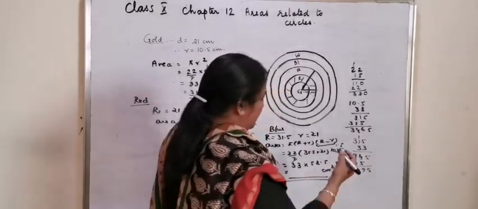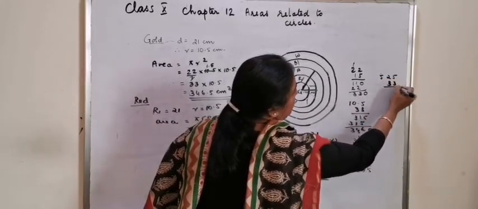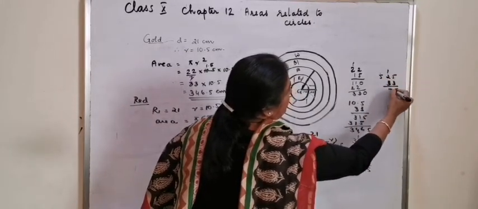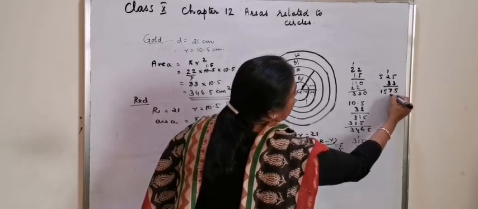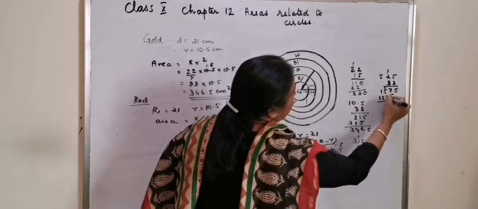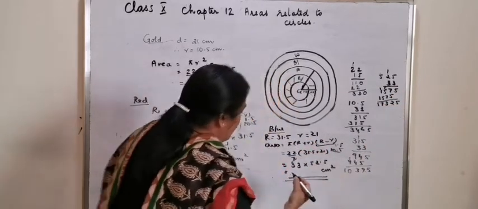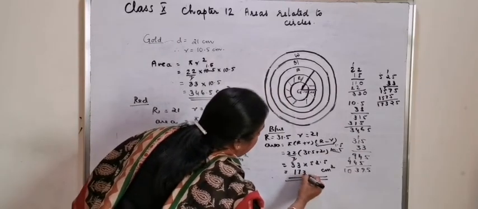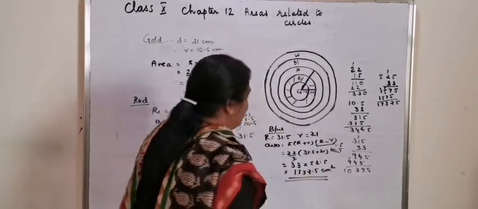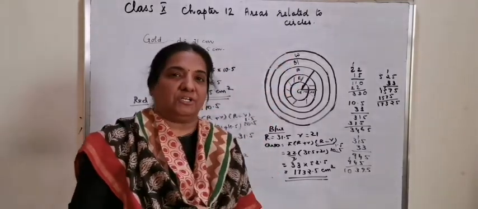That is 33 into 52.5, which is 1732.5 centimeter square. The remaining bands, black and white, you can try on your own.